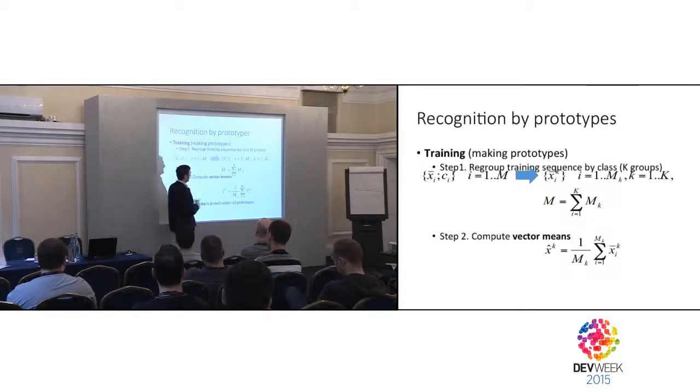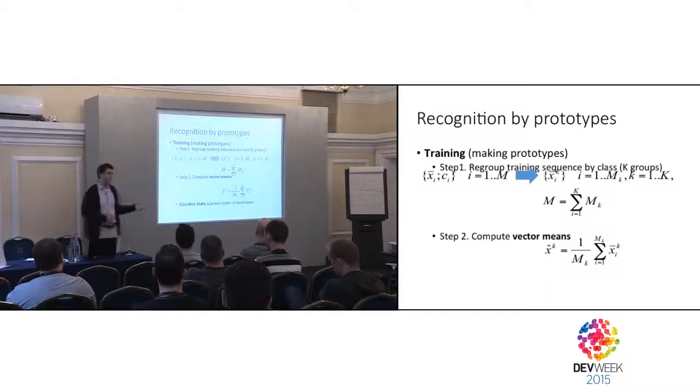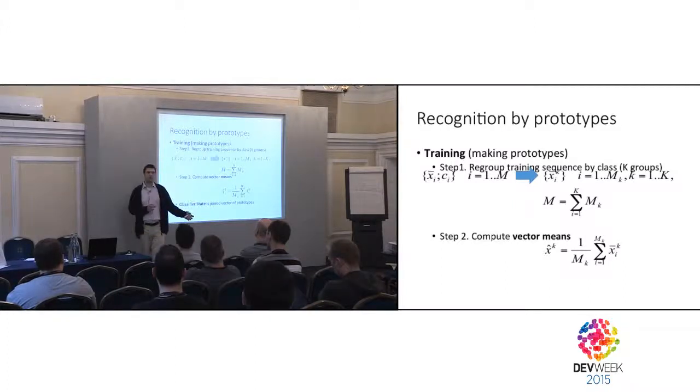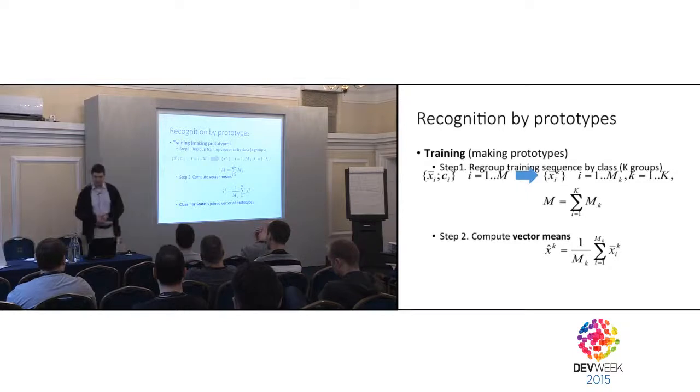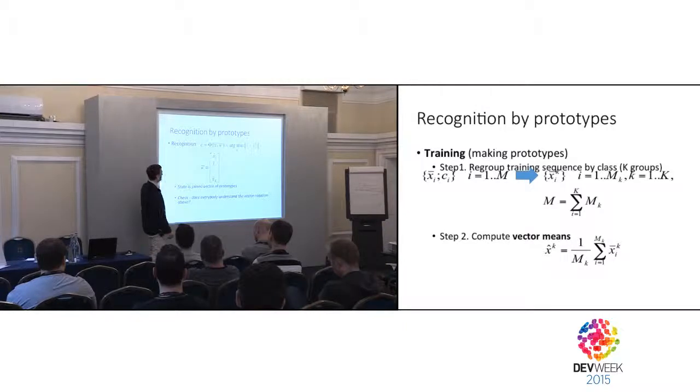And the next action that we do is that we compute mean values for each feature in this group. So for all apples, we compute their average mass, average size, and so on for each attribute that we had in our training sequence. And so in this case, the state of the classifier after training is this set of numbers that describe these average prototypes, these average objects.